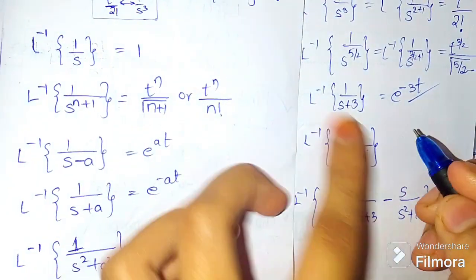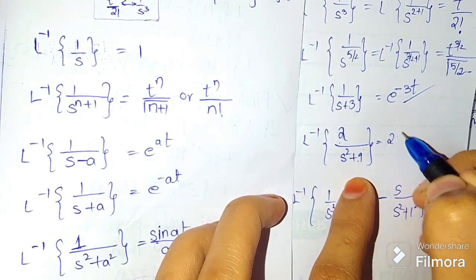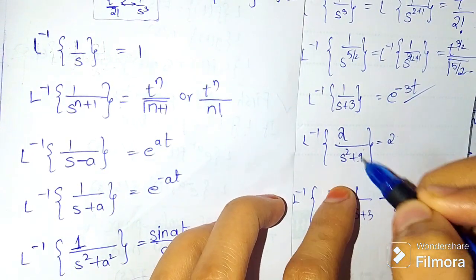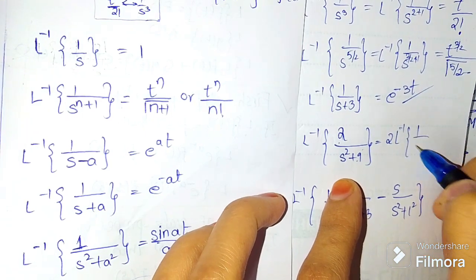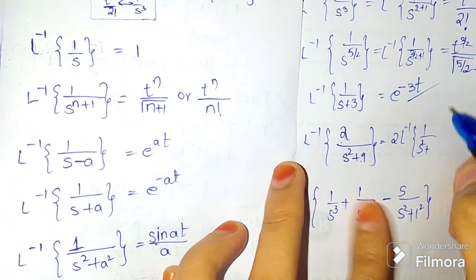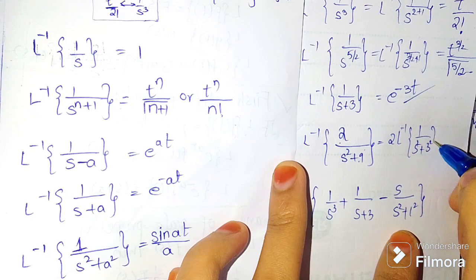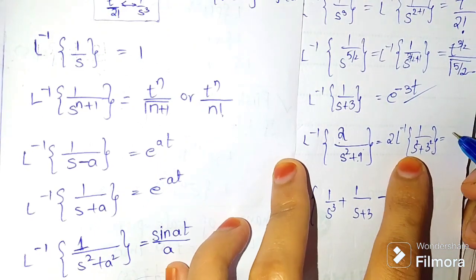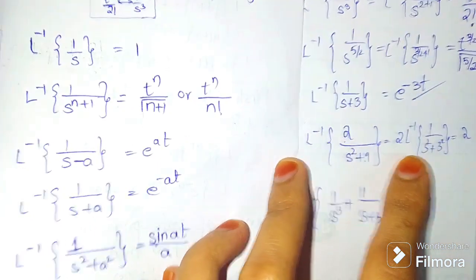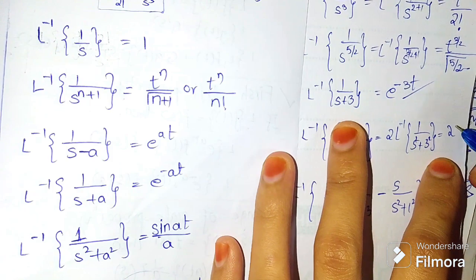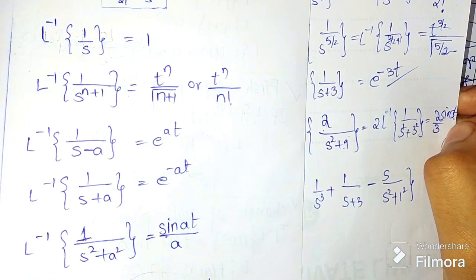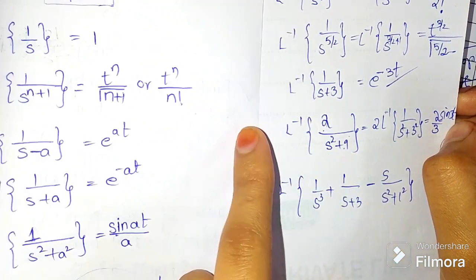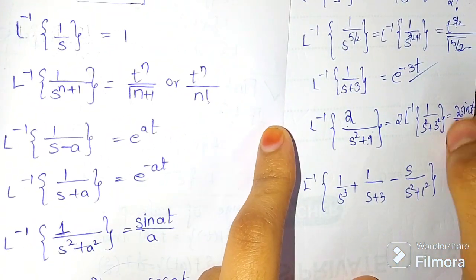So put the constant outside. 2 into Laplace inverse of 1 by s square plus 3 square. So 2, what is this? Sine 3t by 3. Or 2 by 3. So did you understand? Sine 3t by 3. You should not forget the 3 in the answer.